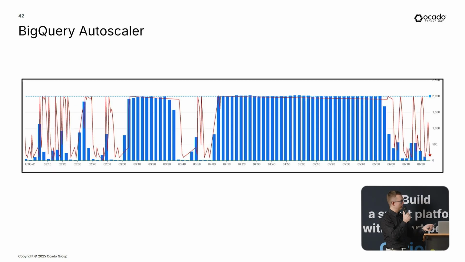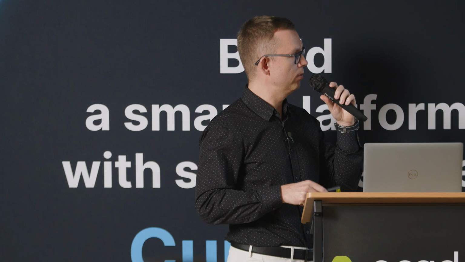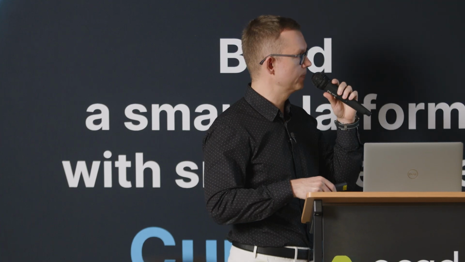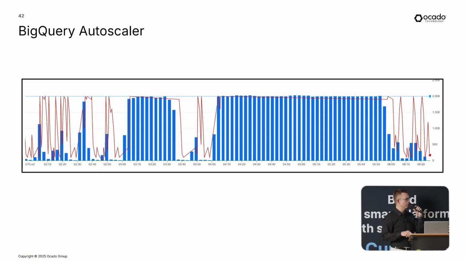Let's take a look at the problem from a slightly different view. Again, the red line is the autoscaler, the blue bars are real usage. As you can see, we cannot heavily reduce the number of slots because we have busy hours. We need performance between 4 and 6 a.m., maybe even 3.